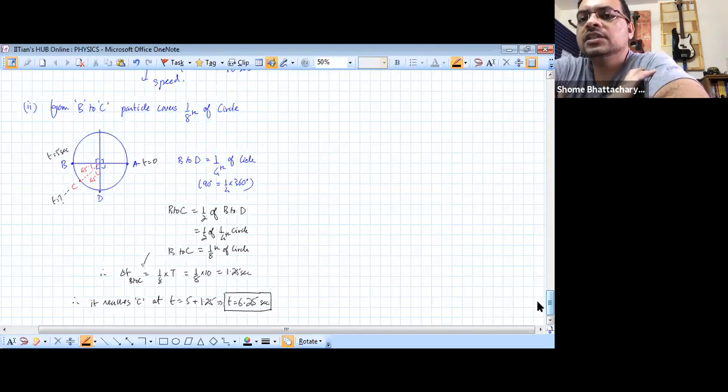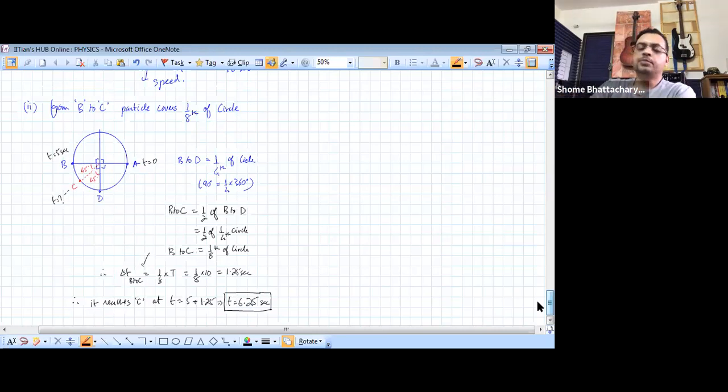No, we didn't assume the time. It was given to us in the question that E to B, the time taken is 5 seconds. And E to B is, you can see it's covering one diameter, or the path traveled is half of the circumference. So that's how we know that the time period of the circular motion is how much? It is 10 seconds. The time period of the uniform circular motion is 10 seconds.